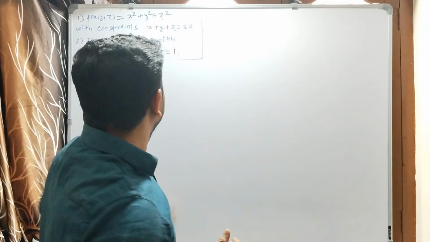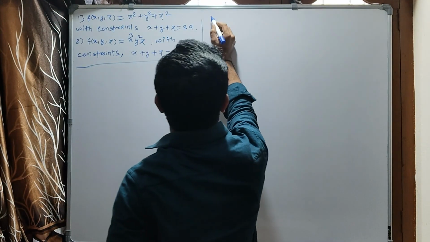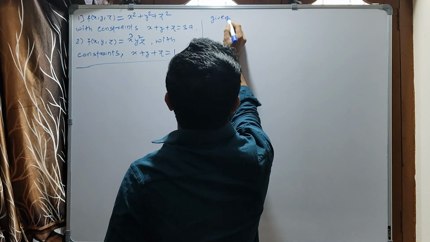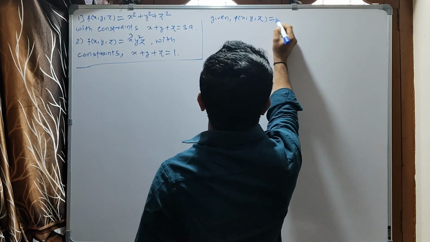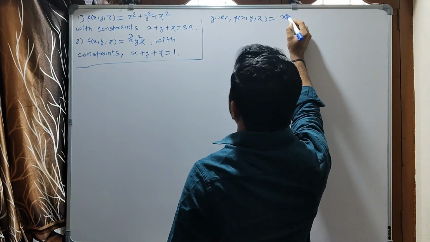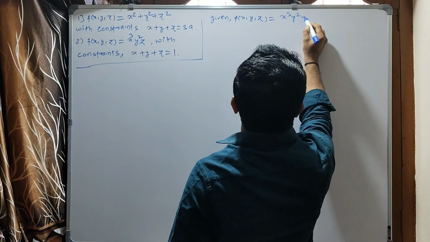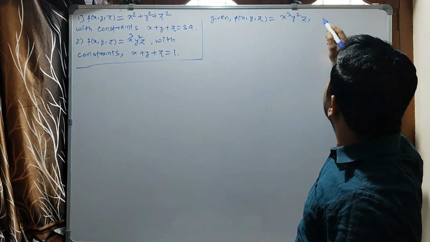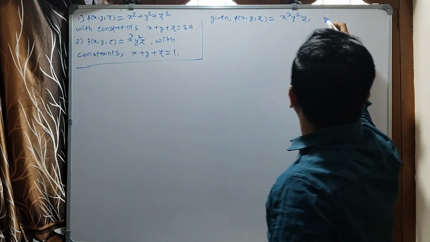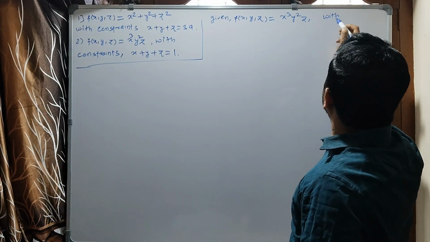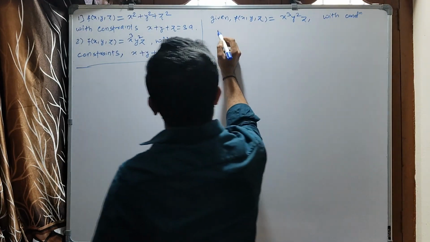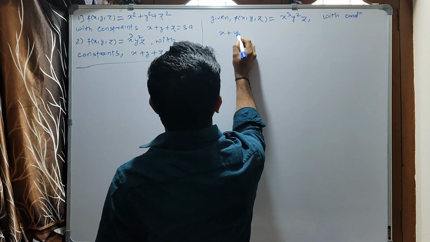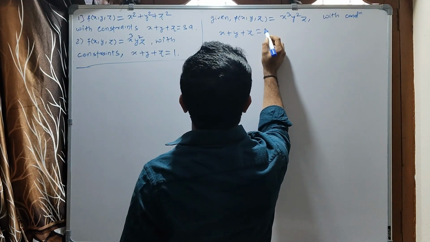Now example 2 says, given f of x, y, z equal to x cube y square z with the condition, or we can say relation, x plus y plus z equal to 1.